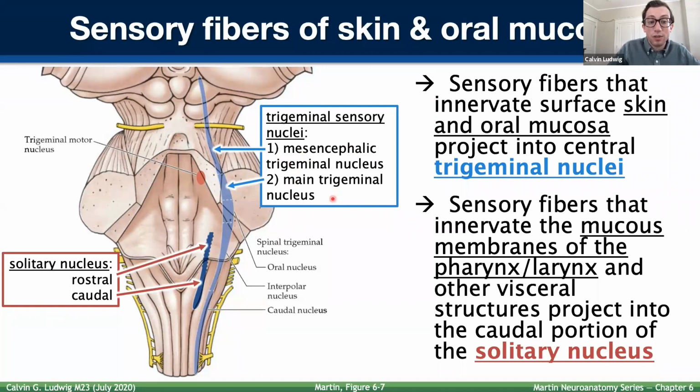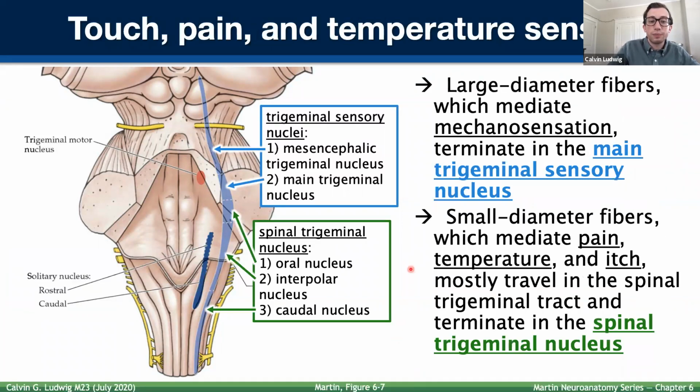I'm going to touch on each of these in greater detail later. The second nucleus, the solitary nucleus here in red: sensory fibers that innervate the mucous membranes of the pharynx and larynx, and other visceral structures project into the caudal portion, the lower portion, of the solitary nucleus. Again, these are just an overview of what these two nuclei are receiving inputs from.